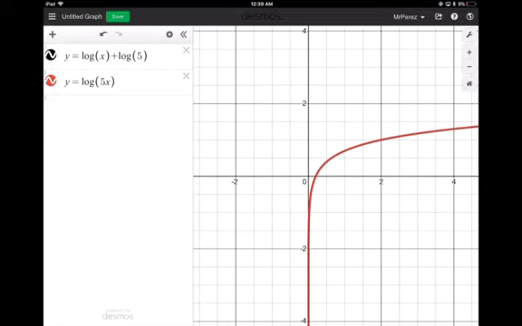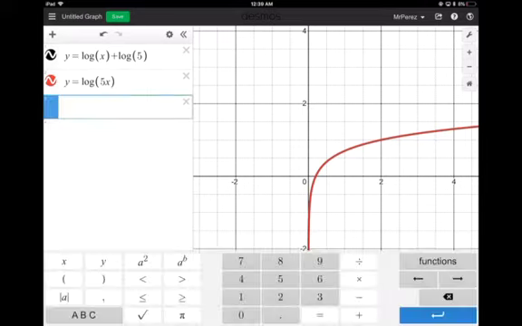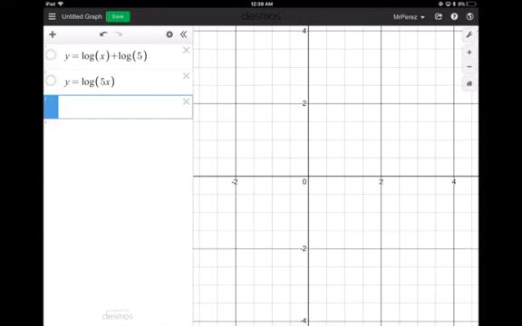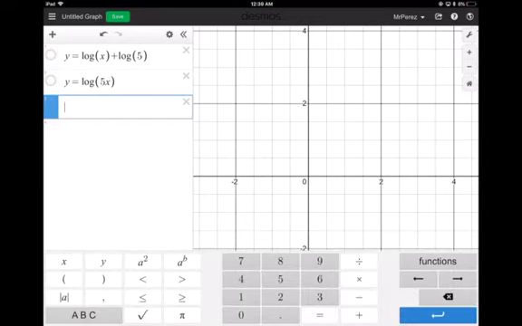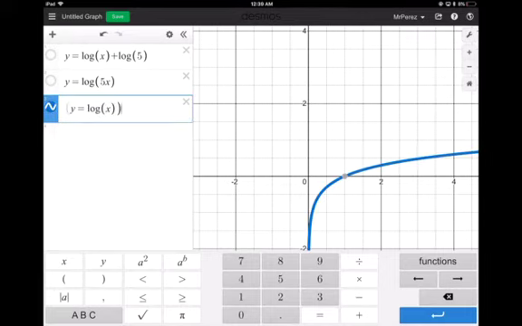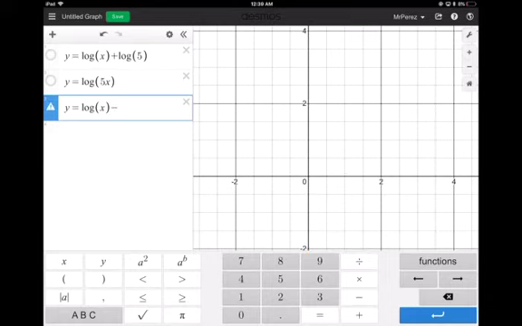Or what happens if I have, let me hide these two right here, y is equal to log of x minus the log of 8.